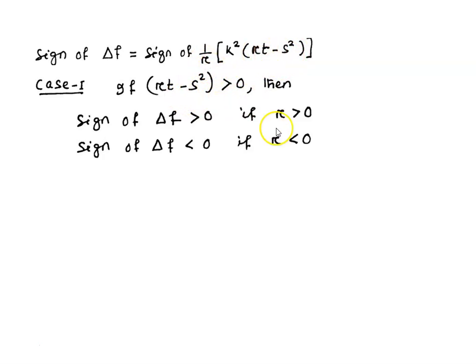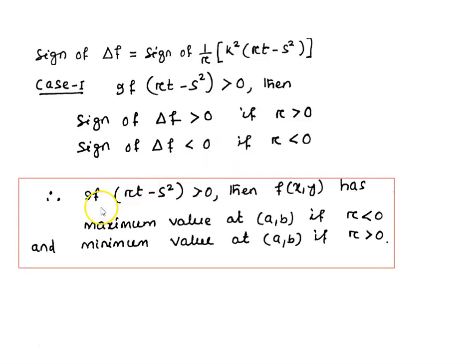So if r is positive, delta f is positive. If r is negative, then delta f is negative. Therefore, if rt minus s square is greater than 0, then the function f of xy has a maximum value at the point ab if r is less than 0, and the function f of xy has a minimum value at the point ab if r is greater than 0. So this is the first case.